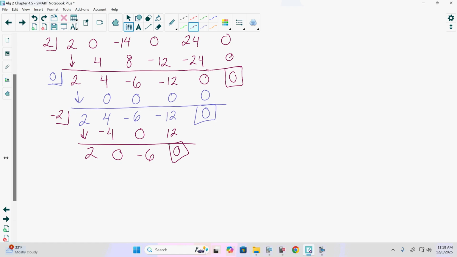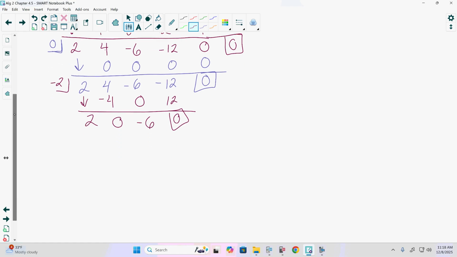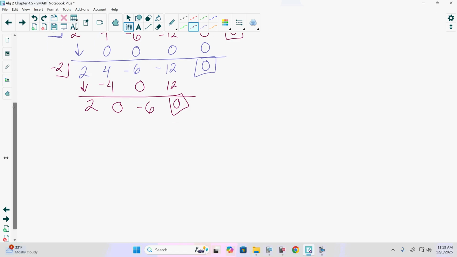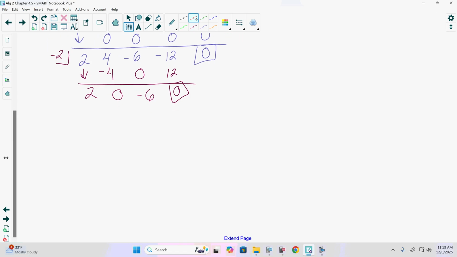And -12 plus 12 is 0. So all we've done is really, we've confirmed that 2, 0, and -2 are solutions, but we've also decreased the degree of this polynomial from a degree 5 down to a degree 2.